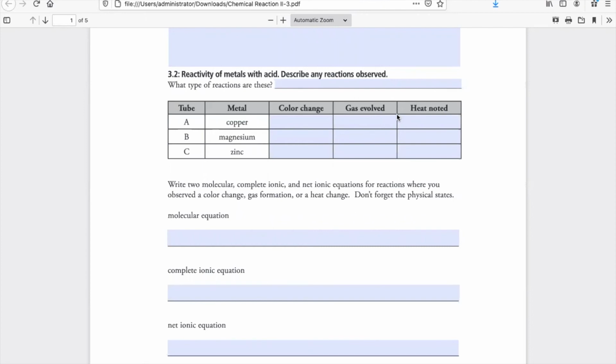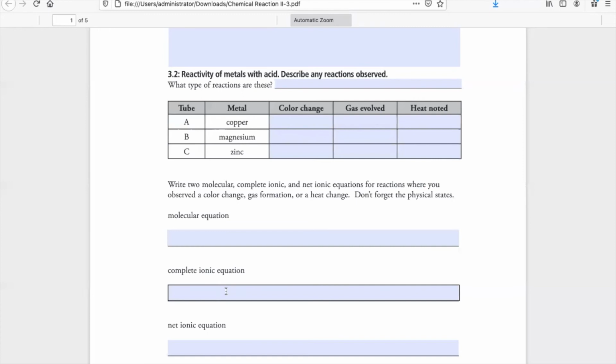So this is now in section, having gone through that, look at section 3.2. What you will do is write the simulation, write the observation, and look here, we have 3 chemical reactions. You'll only pick 2. Listen, you'll only pick 2, underline the 2 here, pick any of the 3, write the molecular equation, write the net ionic equation, and complete ionic equation. Attach your workout, how you cancel out.